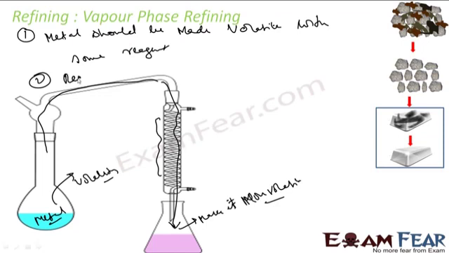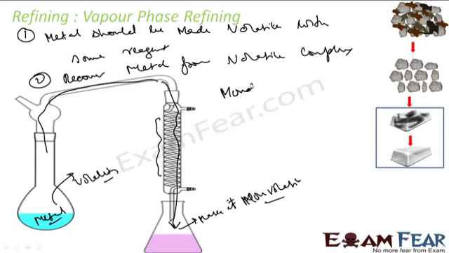So we should be able to recover the metal from the volatile complex. So first you make the metal volatile by using some reagent, and then you convert it back into normal metal, again using some reagent, right?